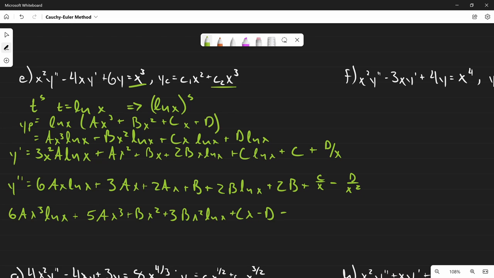So this would be minus 12 x cubed natural log of x, minus 4b x squared natural log of x, minus 4c x squared natural log of x.